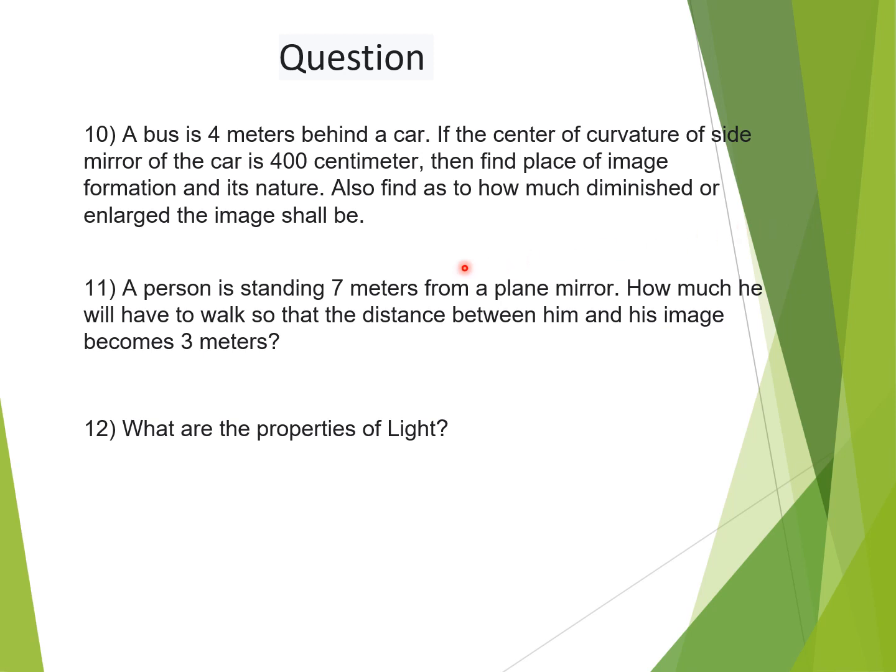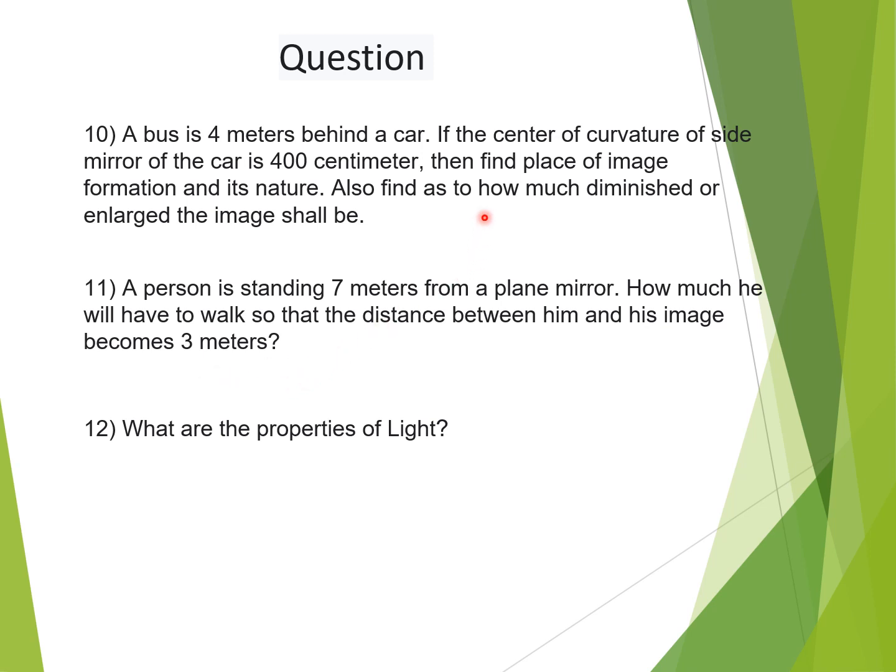So in this condition, the distance between his image and him is 7 plus 7, 14 meters. Right? But what do we want? We want the distance between him and his image as 3 meters.